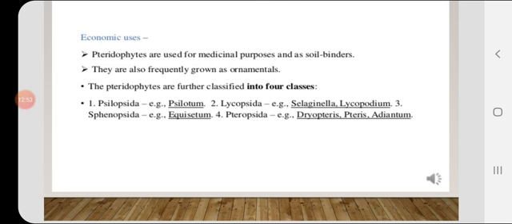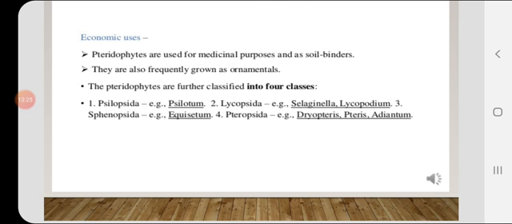Moving to the last topic, the classification of pteridophytes. Pteridophytes are classified into 4 types: Psilopsida, Lycopsida, Sphenopsida and Pteropsida. The example for Psilopsida is Psilotum, for Lycopsida Selaginella and Lycopodium, and for Sphenopsida Equisetum.